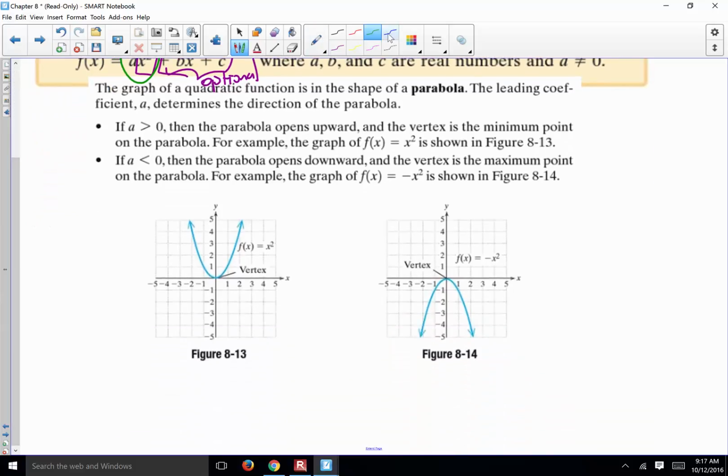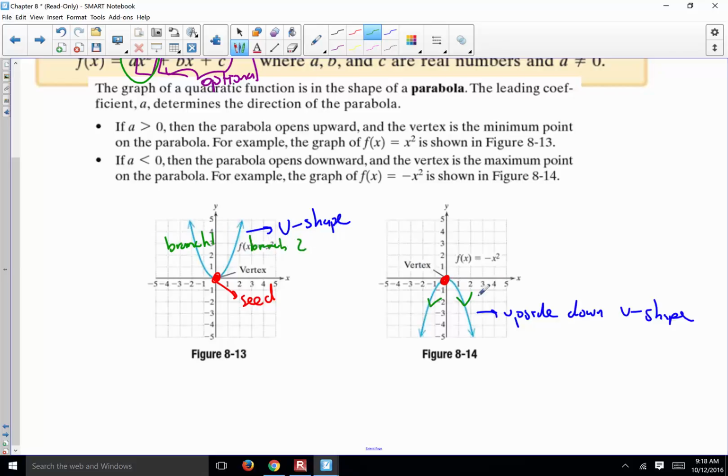Alright, quadratic functions basically have two shapes. Either the regular parabolic shape, U-shaped, or it's upside down. Okay? Basically, you're looking for one minimum or maximum value. I call this a seed, and there are two branches. Branch 1 going to the left, branch 2 going to the right.